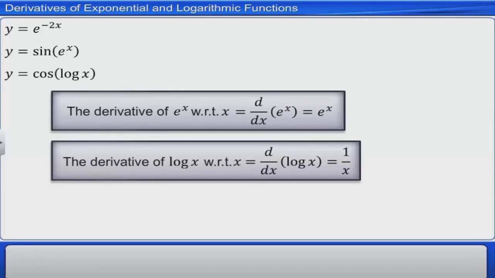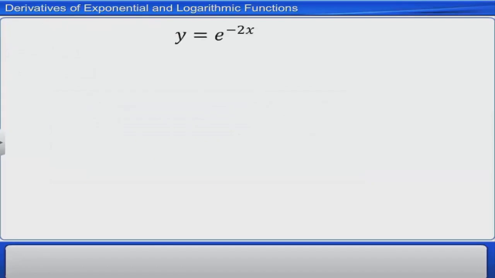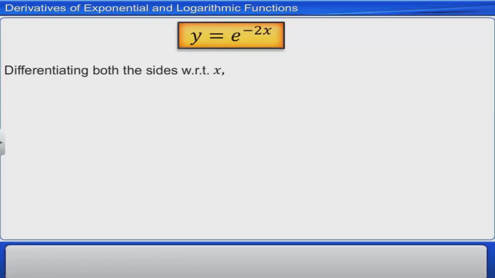Let's apply these formulae to find the derivatives of the given relations. Observe that in each case, the given function is a function of a function. So, we will apply the chain rule while differentiating them. Let's begin with the first one. On differentiating both the sides with respect to x, we get dy by dx is equal to d by dx of e raised to the power minus 2x.